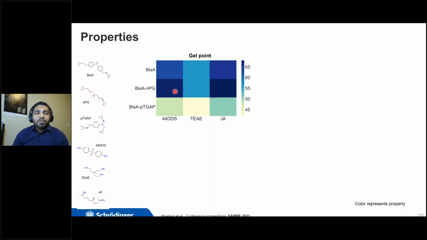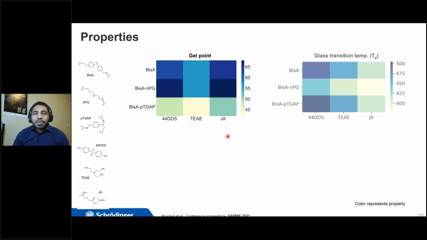So clearly, we are seeing a very nice trend. For example, addition of NPG to bisphenol A increases the gel point, and addition of PTGAP actually decreases the gel point. So some interesting observations can be derived from this. The other property was the glass transition temperature.